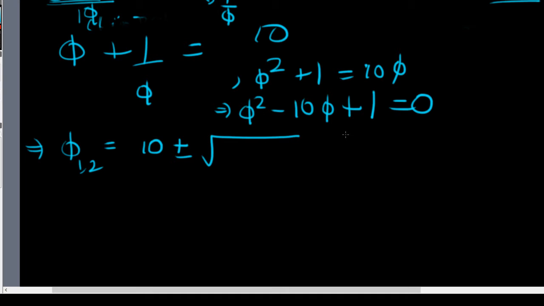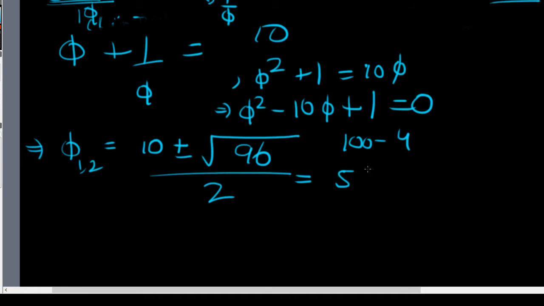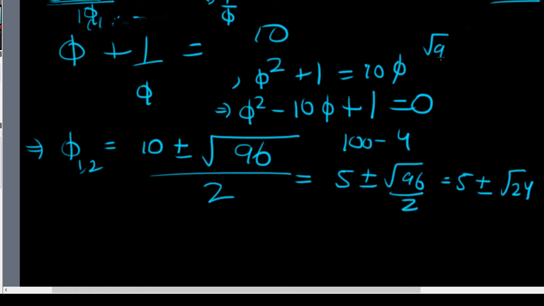So phi will be equal to (−b ± √(b² − 4ac)) over 2. b² − 4ac will be 100 − 4, which is 96, over 2, and this will be simplified to 5 ± √96, which will be simplified to 5 ± √24, because √96 is 2√24, and dividing that by 2 will leave you with √24.